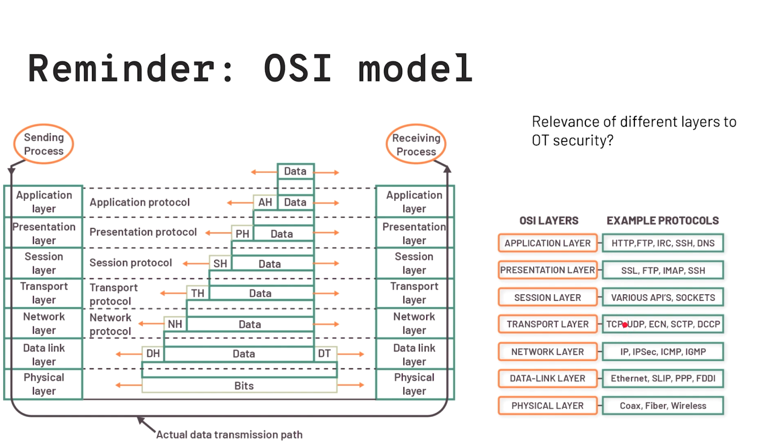We may also have TCP traffic flowing through, again, due to the IT-OT integration. We see more and more of this TCP traffic, so we need to revisit the transport layer as well and see what kind of attacks and defenses can be implemented at that layer. But then we'll see it in conjunction with the rest, actually.